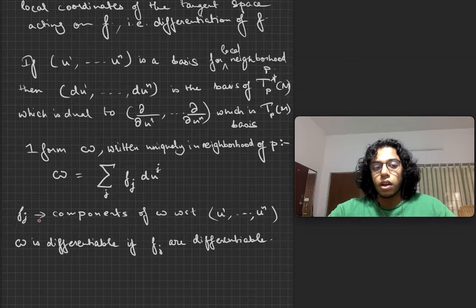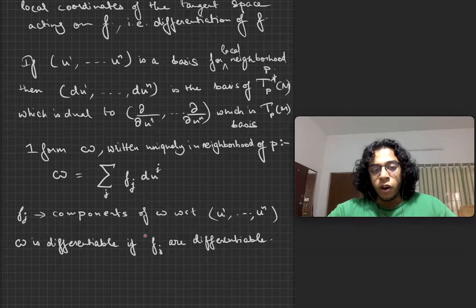So it is the dual space of the function. It can be represented as a column matrix, and the elements of that matrix are given by fj. Omega is differentiable if fj are differentiable.